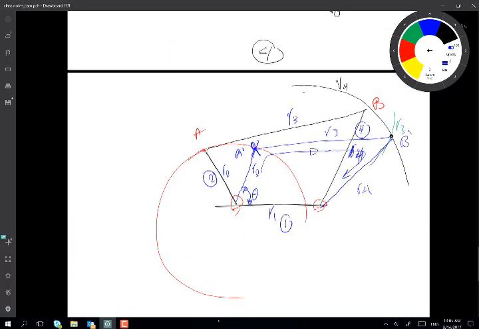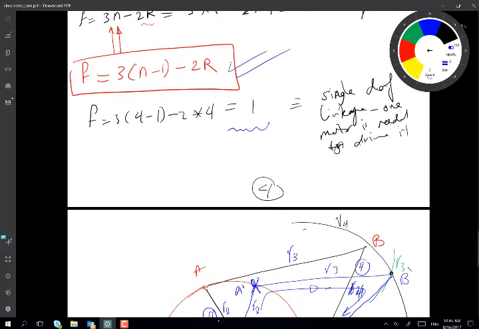So I need to improve the equation a bit by adding the effect of the sliding joint. I want you to think, how will a sliding or prismatic joint be added in my degree of freedom equation?